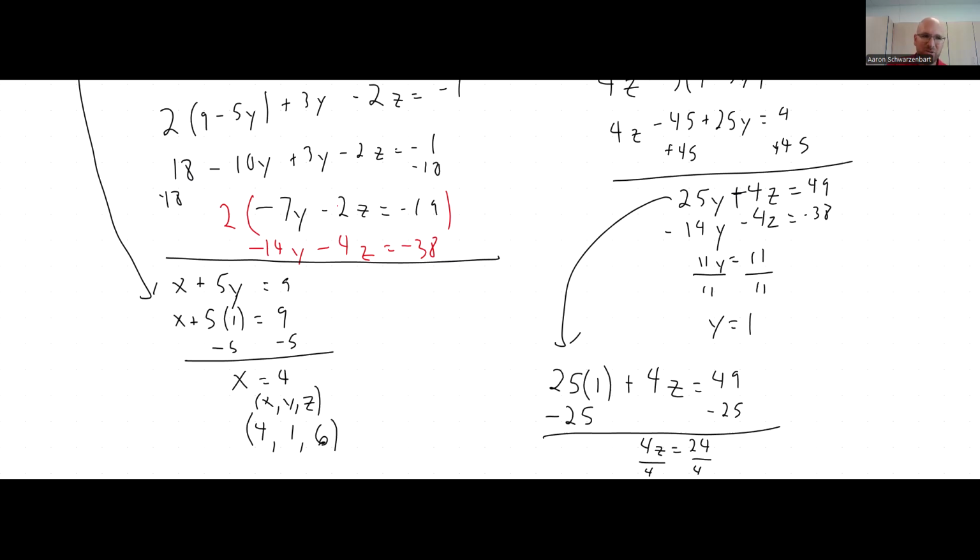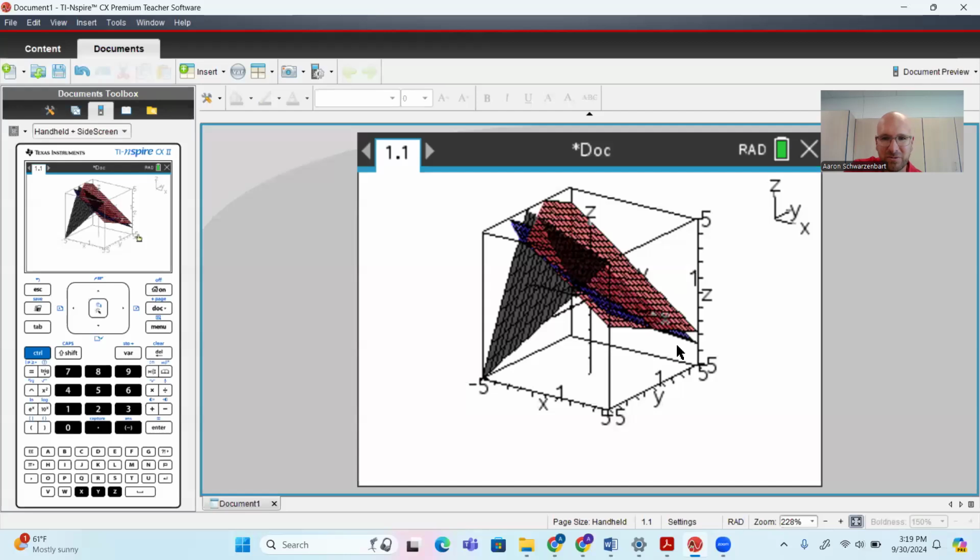And these are actually planes. I'll show them to you. This is what they kind of look like in 3D space.